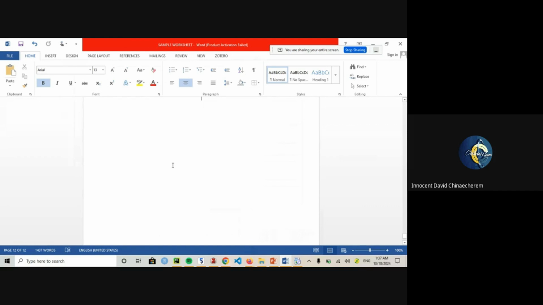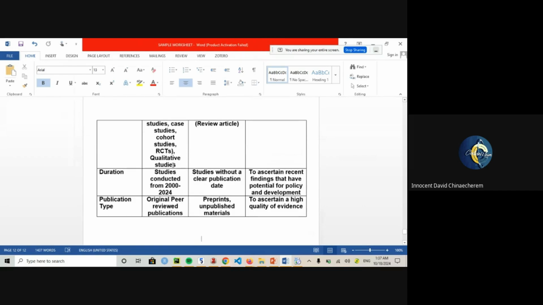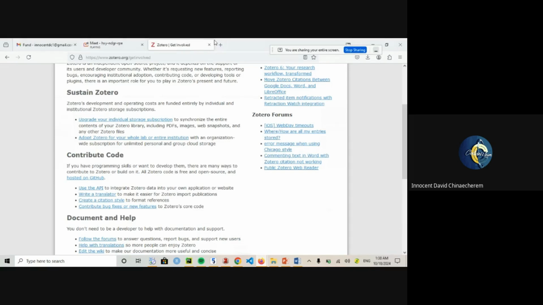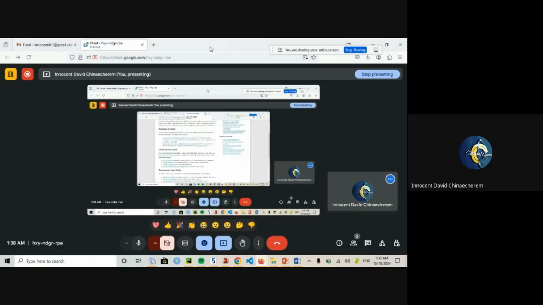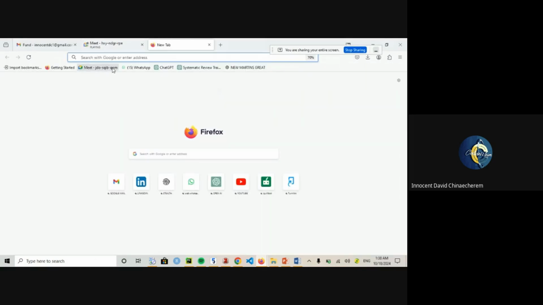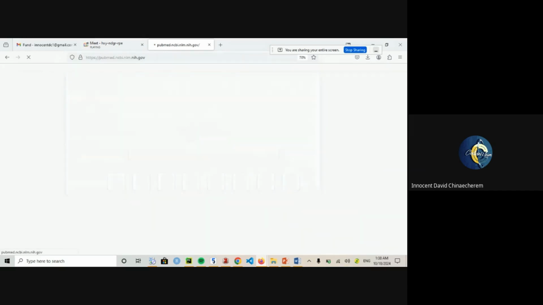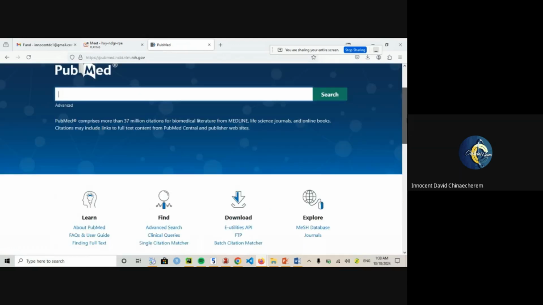So let's assume I've got my keyword search here. Quickly, I'm going to close this, come here, and open PubMed. Let's go to advanced.